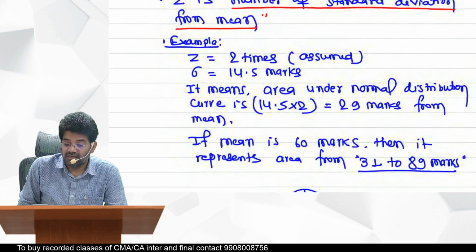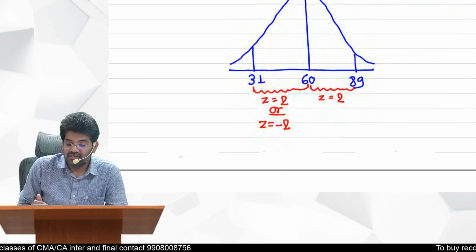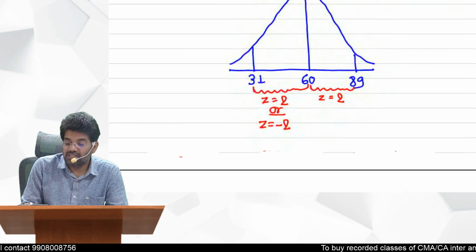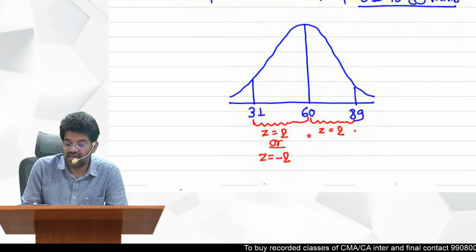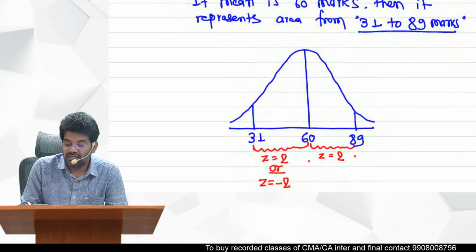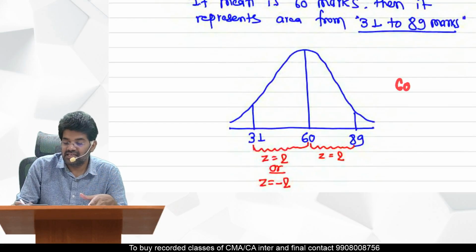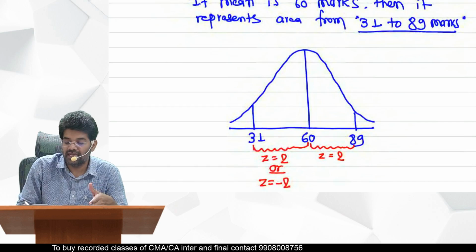If Z is 2, then multiplying it by the standard deviation, 14.5 times 2, gives 29 marks away from your mean. That means 60 plus 29, so 89.